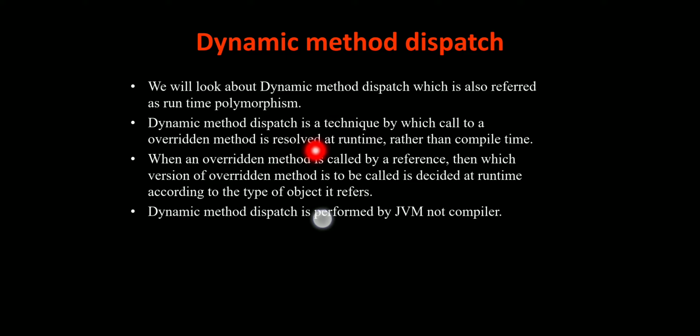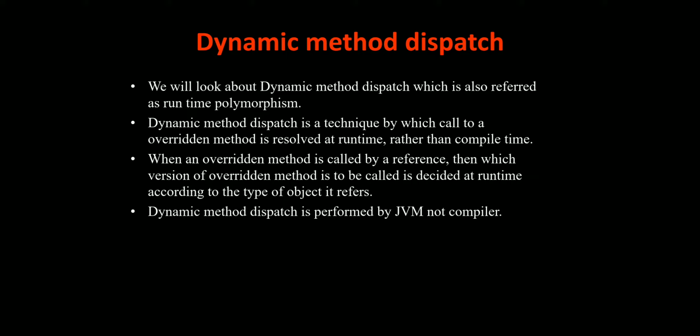Dynamic method dispatch is a technique by which the call to an overridden method is resolved at runtime rather than at compile time. It is used to achieve runtime polymorphism when calling the overridden method.